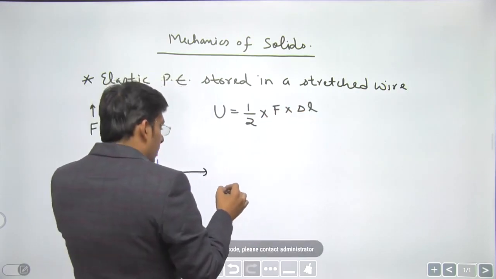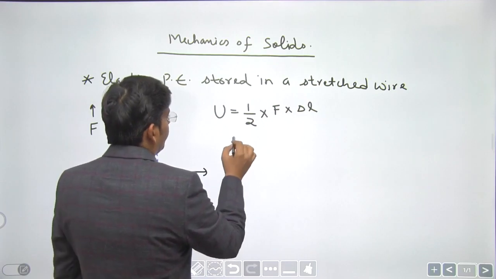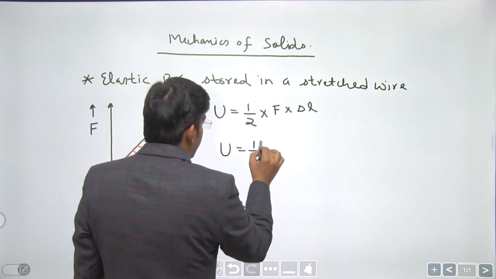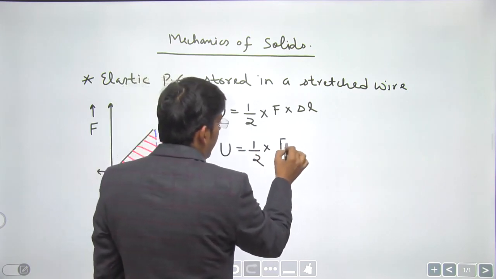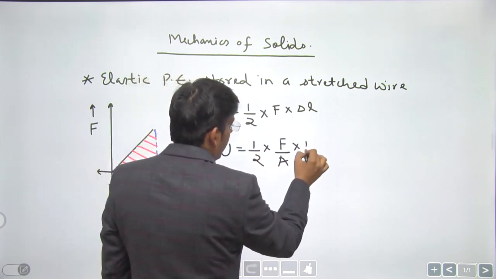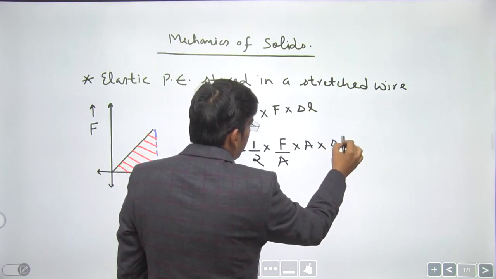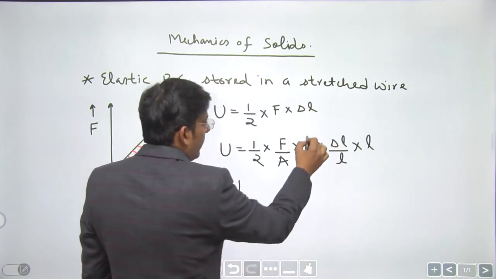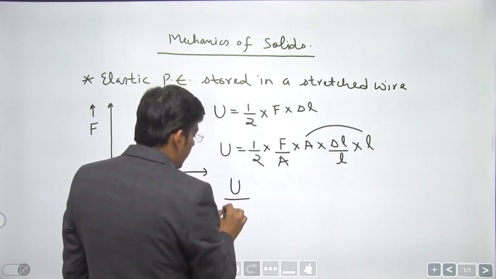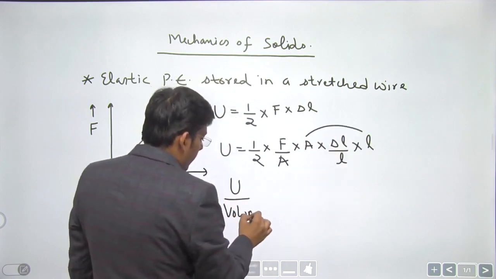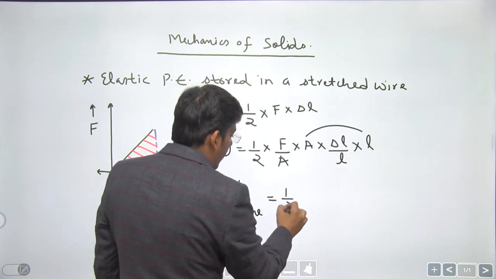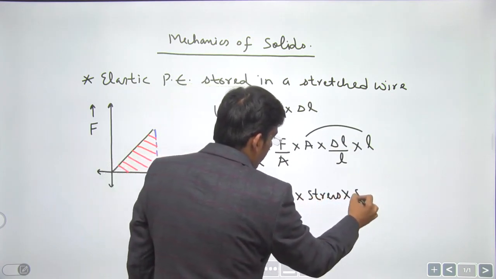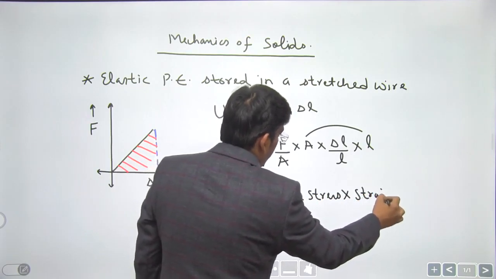Okay, right. Now let us do some changes. Divide by area, multiply by area, divide by length, multiply by length. So this U, area into length, total becomes volume, they come here, and force upon area is actually stress, and change in length divided by original length is strain, dear students, right?